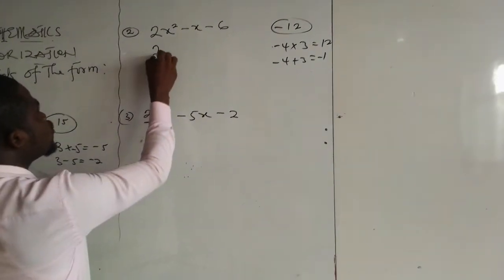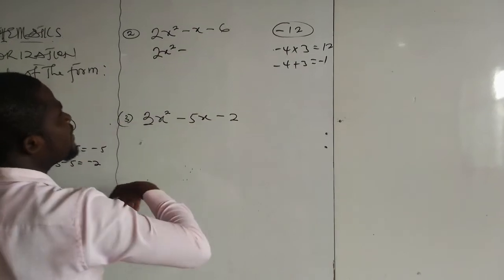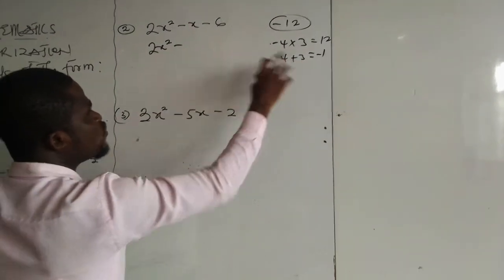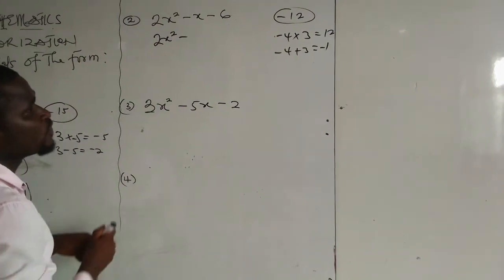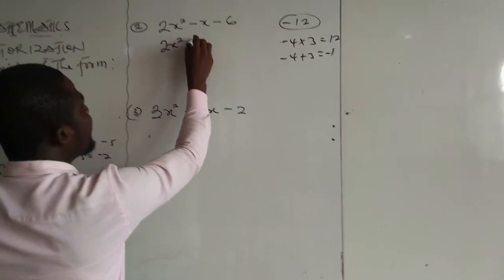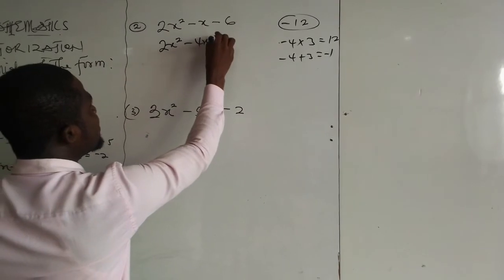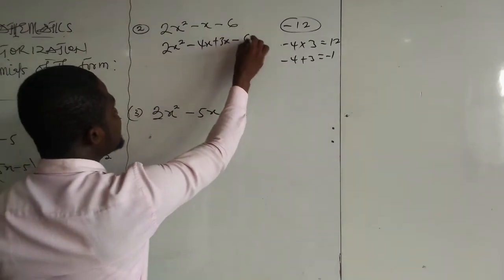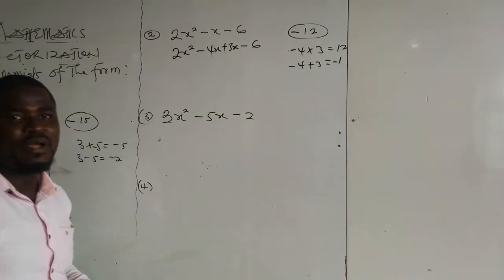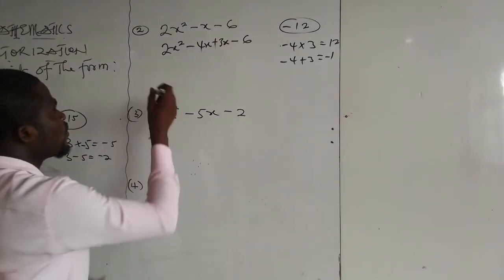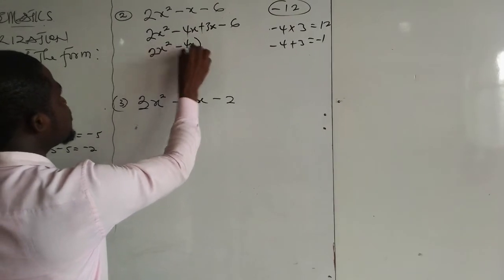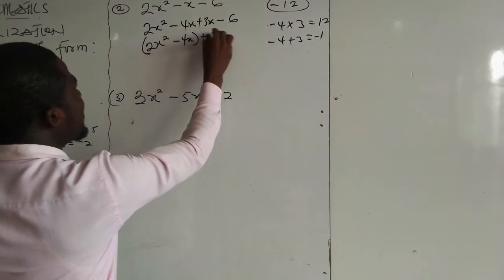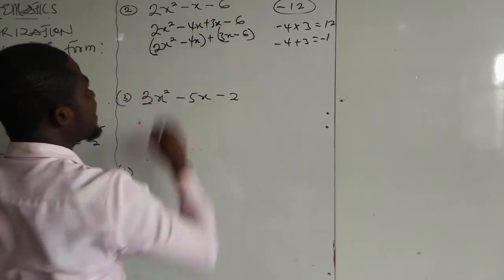So I'll maintain my 2x squared. Now, I'm going to replace the negative x with the two numbers. So, 2x squared minus 4x plus 3x minus 6. Now we are going to group them. So 2x squared minus 4x in one bracket plus 3x minus 6 in one bracket.